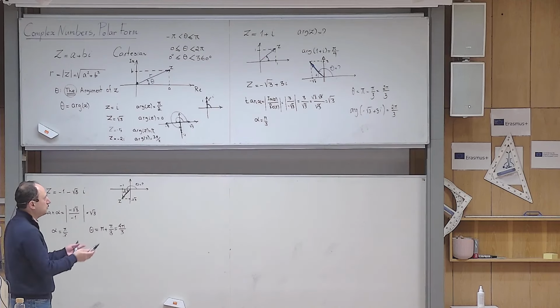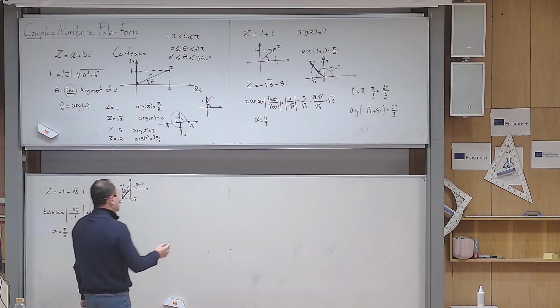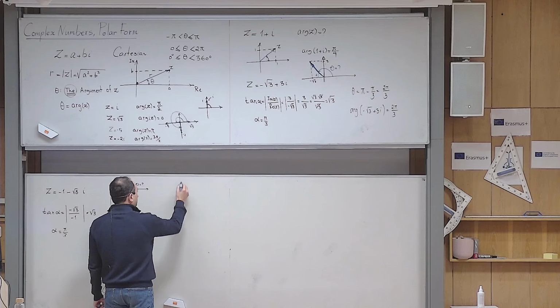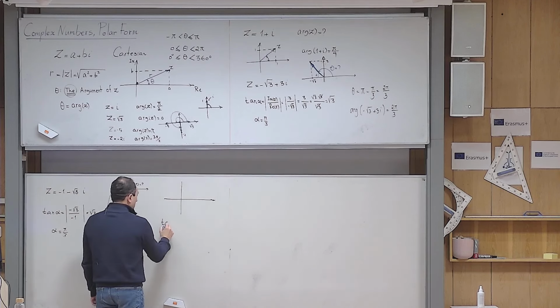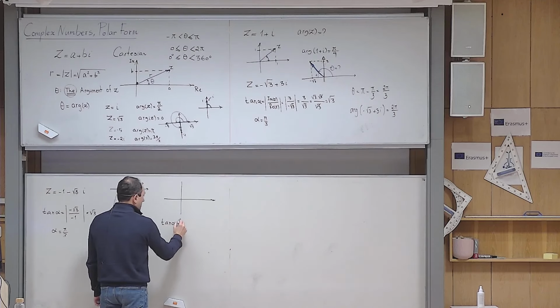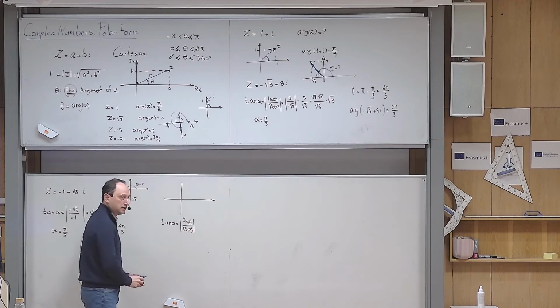So if I want to summarize that, I don't want you to memorize things, but you can use it like this. You can say that alpha, you can always calculate it using this formula, the imaginary part of z divided by the real part of z. Yes?